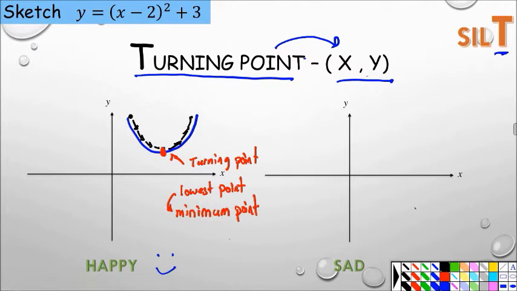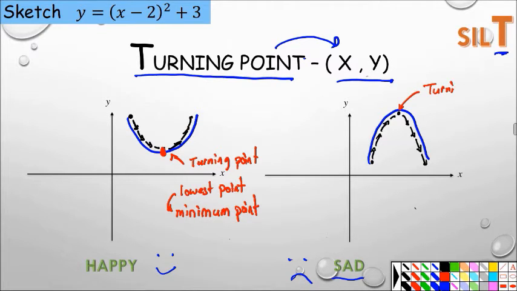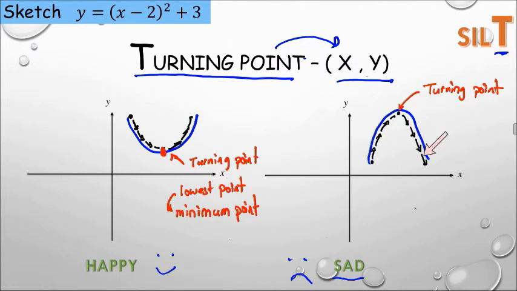What happens in a sad curve? When we have a sad curve, it looks something like an N shape. So if we have a point here, we see that the point is going up until a point where it turns and it goes down. So this point here is called the turning point. Notice that it is also the highest point along the curve.